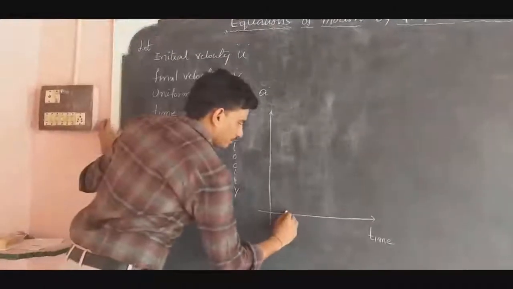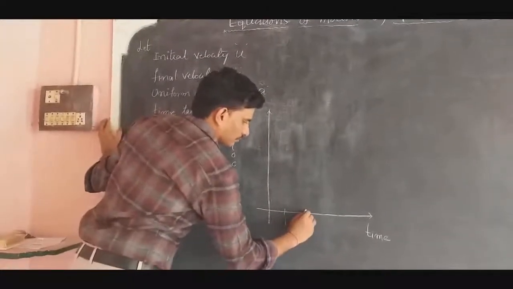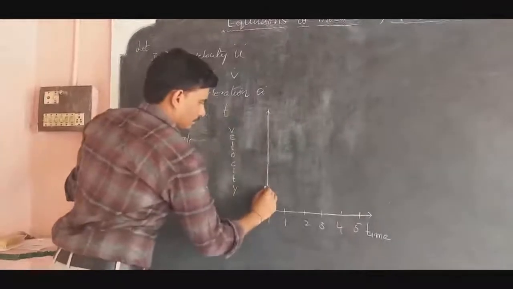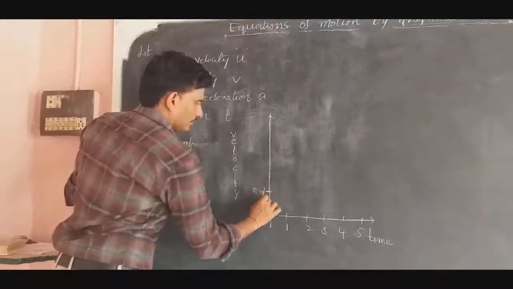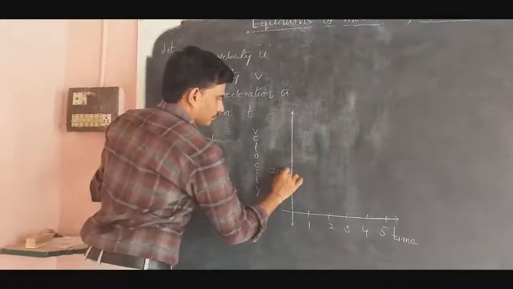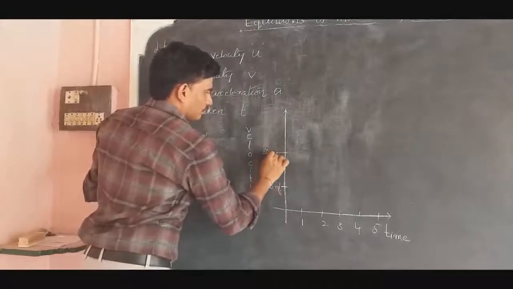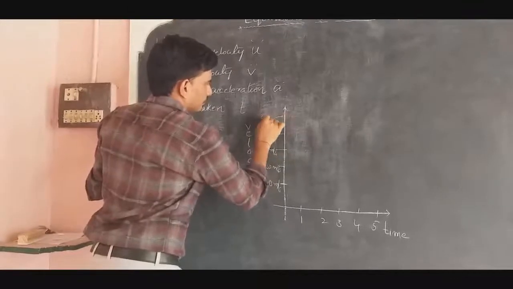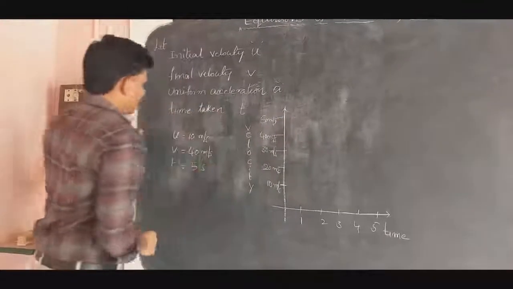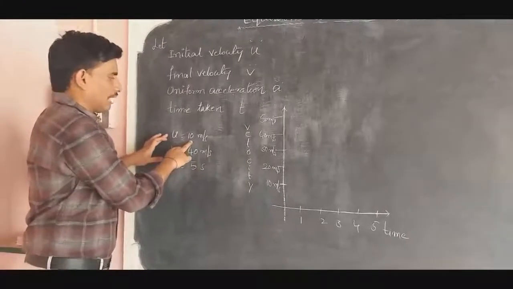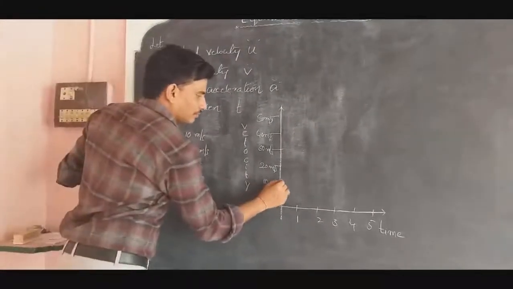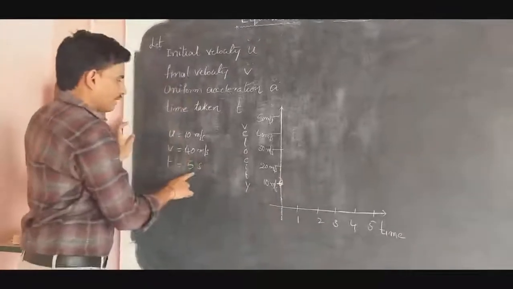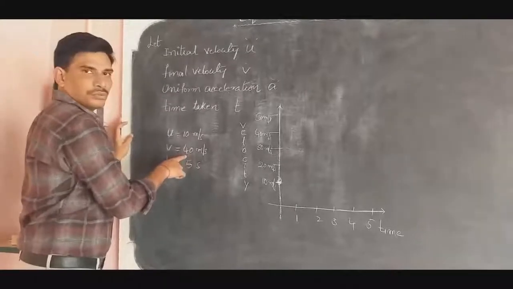Let's see once. Here the initial velocity is 10 meter per second, so the object is initially here, when the time is initial, that means 0. When the time is 5 seconds, its velocity increases to 40 meter per second.